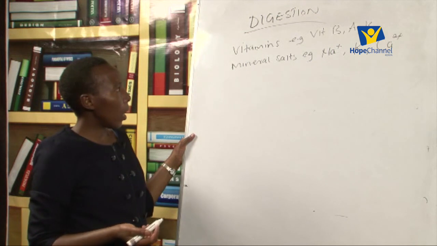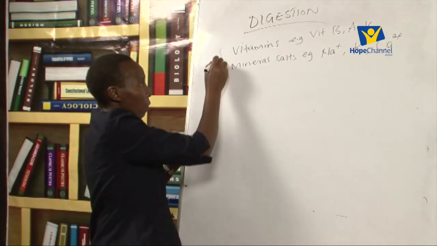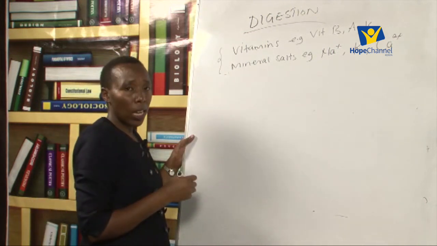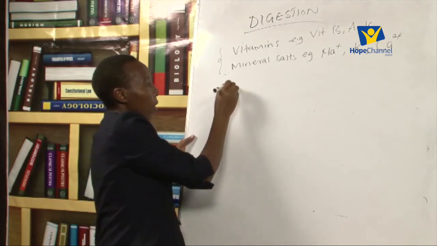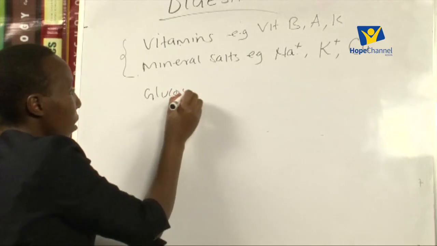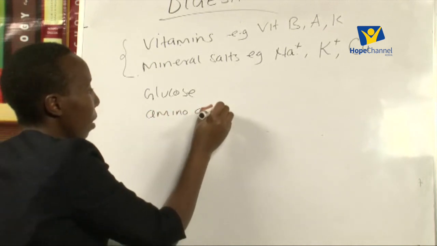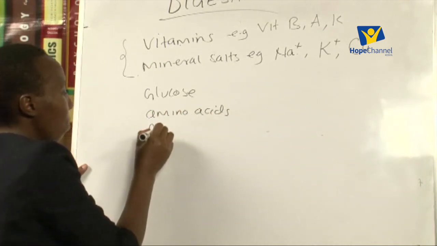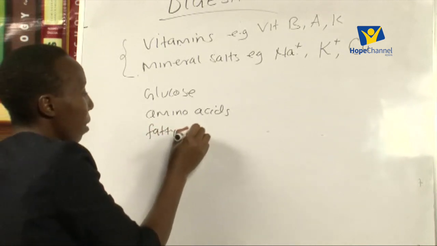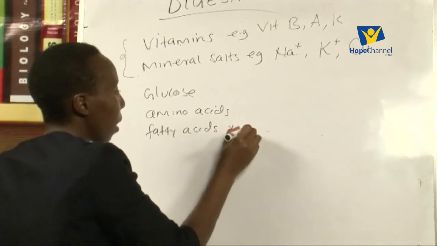So in a way, apart from the end products of digestion, we have those two that are very special. Then we have the glucose, we have the amino acids. These were digested. We have fatty acids and glycerol.